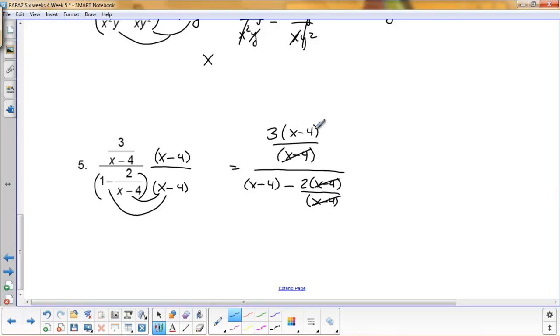Simplify, and now I get 3 divided by x minus 4 minus 2. 3 over x minus 6 is your final answer.